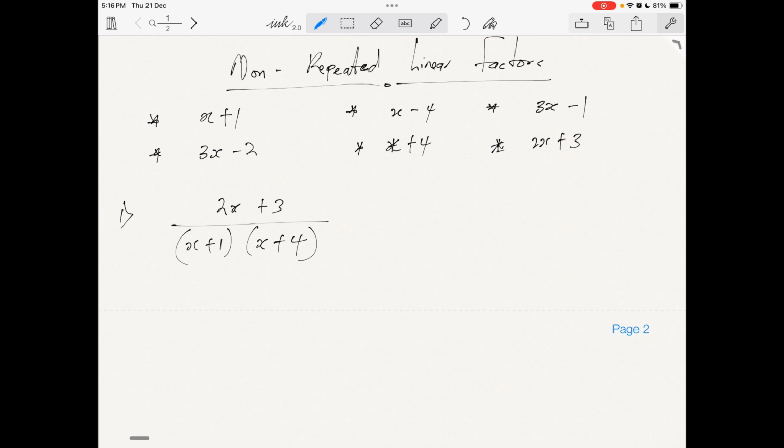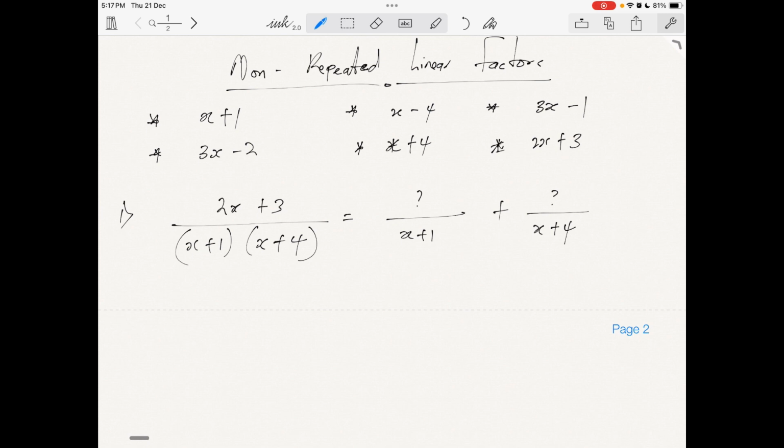Now we can see that we have two factors, x plus 1 and x plus 4, both of which are linear. So in order to solve this, we have to split them into linear factors, x plus 1 and x plus 4. Now, what will be at each numerator? That's the question.